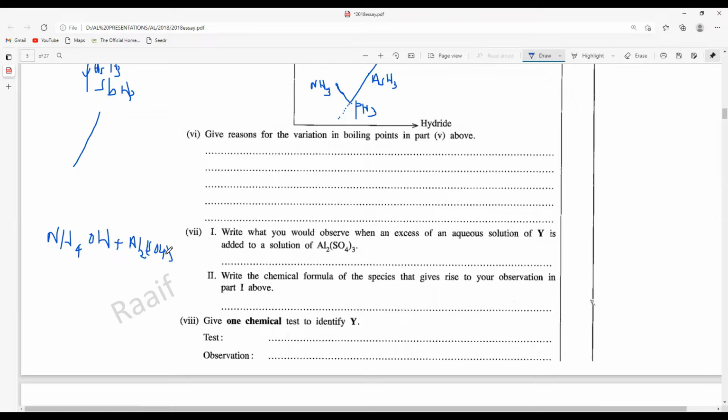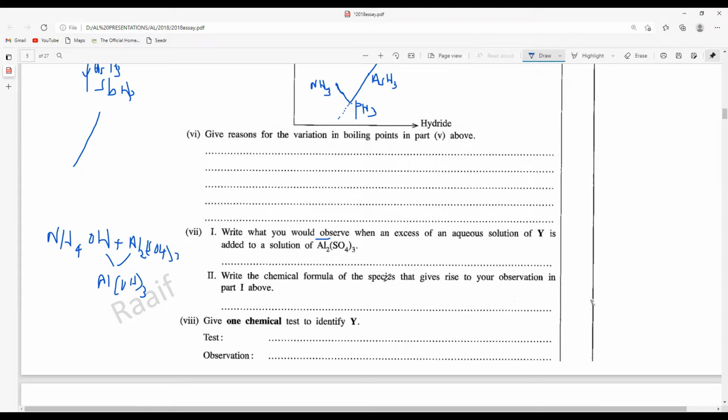When you mix these two, aluminium is going to combine with the hydroxide, and it will form a gelatinous white color precipitate, which is called aluminium hydroxide. So what is the observation? They're asking the observation. So you can write down that a white color gelatinous precipitate is observed.